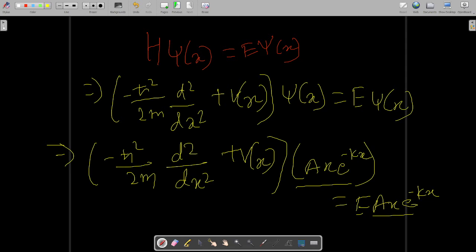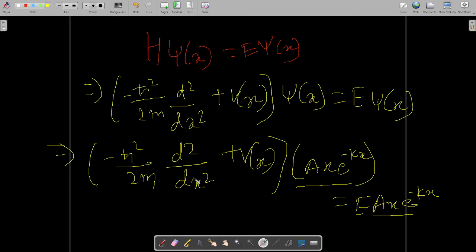So why have I used the full differentiation symbol over here? Why not the partial differentiation symbol? Because it is only a function of x. As it is only a function of x, there is no t term present in it, so no need to use the partial differentiation symbol. I can use the full differentiation symbol because there is only one variable.